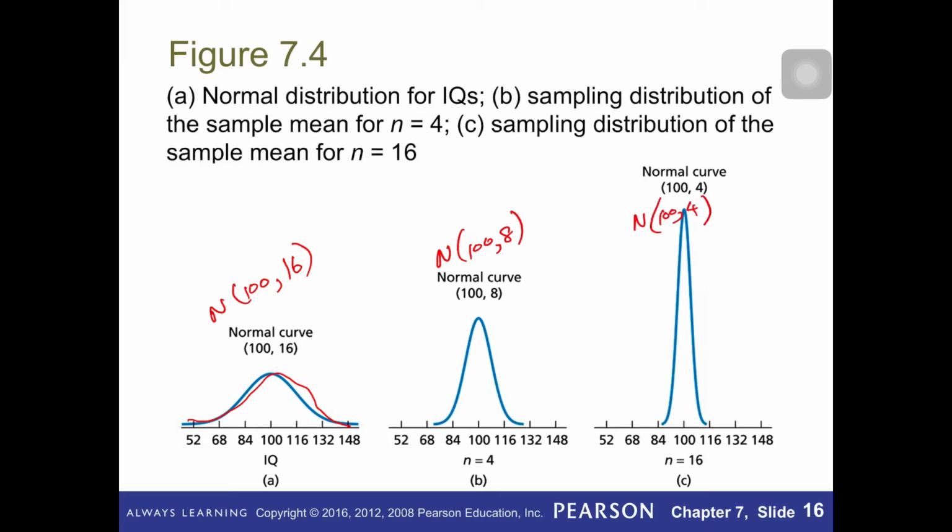You can see that as the standard deviation becomes smaller and smaller with the size of the sample, the peak goes up.